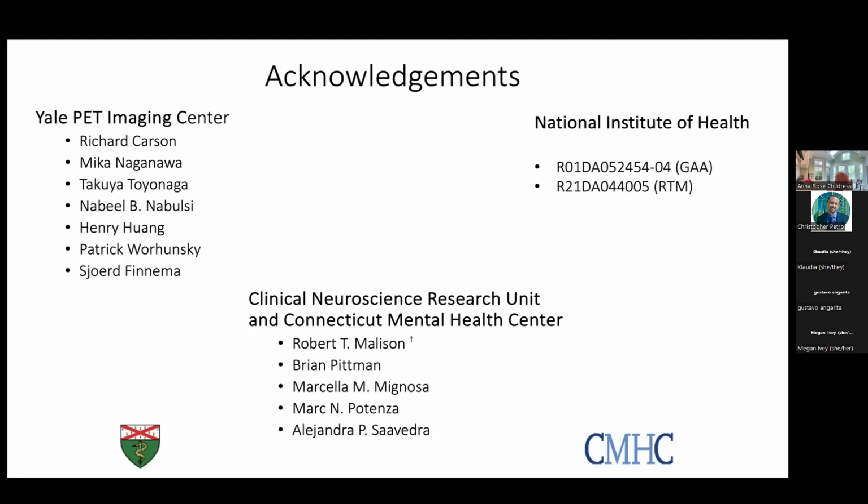Gotcha. So because of that, we want to keep the same tracer, but maybe a different scanner. That's going to be the question. I think they will keep the HRRT for maybe two more years. It's sort of retiring.